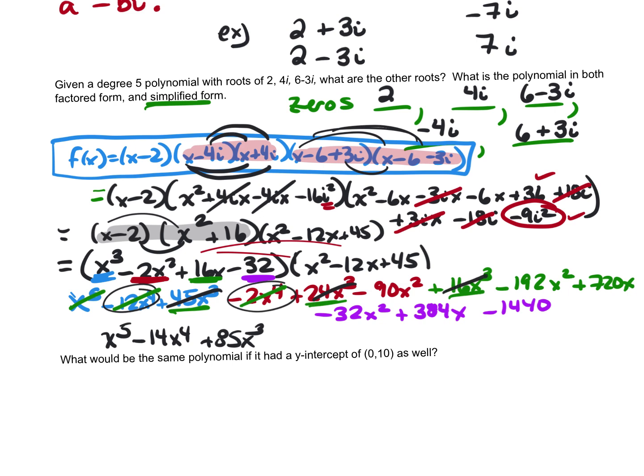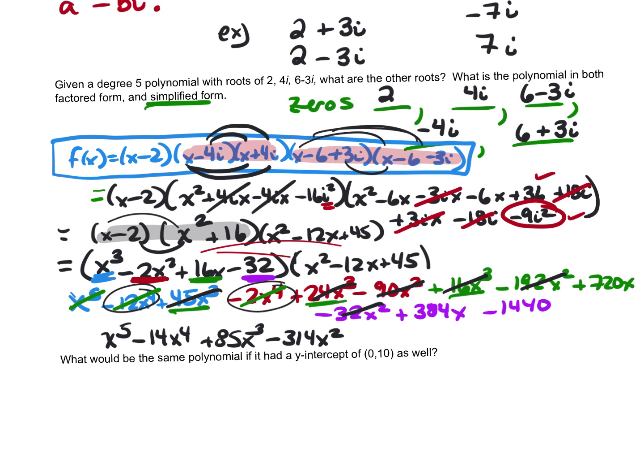And then we have negative 90x squared minus 192, and then a negative 32 as well, which is negative 314x squared.